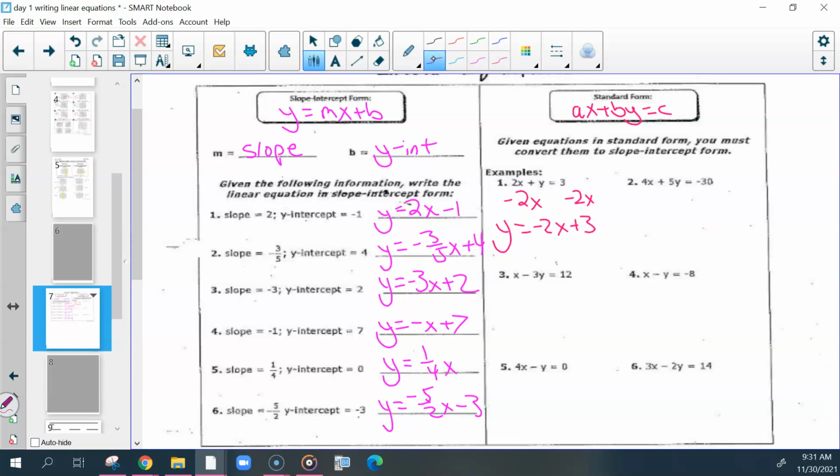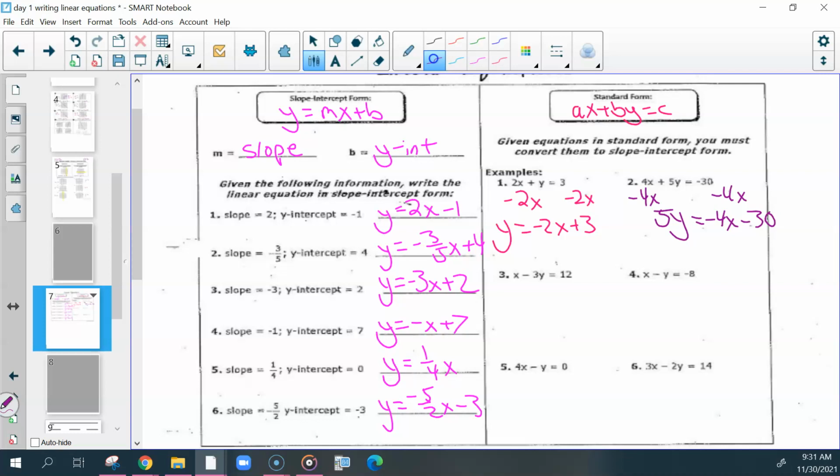Number 2, how would we start solving that? Subtract 4x on both sides, yeah. We have 5y equals, I'm going to go ahead and switch these now, so we have negative 4x minus 30. And then what about the division? It's a plus in the middle. Is that what you're talking about? Yeah, it's a plus.